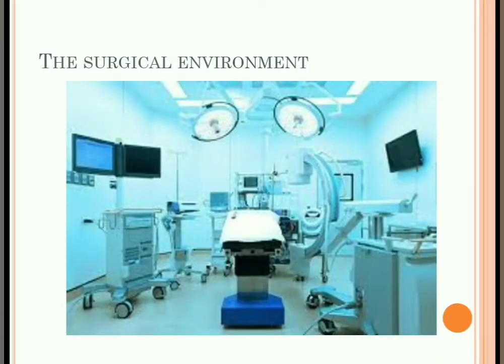The surgical environment. Now, to help decrease microbes, the surgical area is divided into your 3 zones. The unrestricted zone, it is where the street clothes are allowed. The semi-restricted zone is where attire consists of your scrub clothes and caps. And the restricted zone, it is where your scrub clothes, shoe covers, caps, and masks are worn.